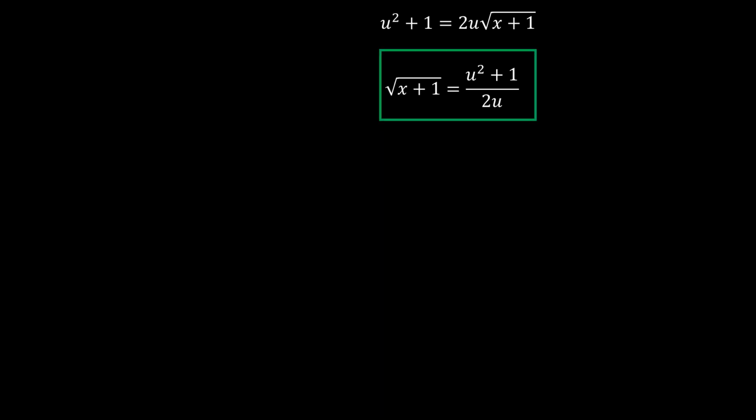And so when we make square root of x plus 1 the subject, we get that square root of x plus 1 is equal to u squared plus 1 over 2u, right? And so the derivative that we had seen there, of the product of 2 square root of x plus 1 square root of x over u, du is equal to dx with a negative sign there.